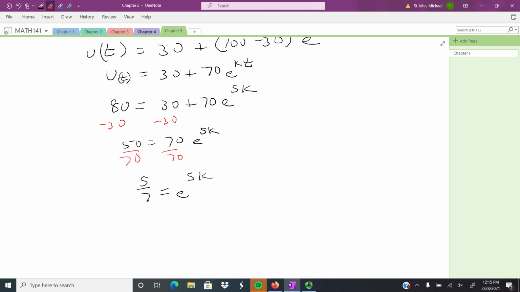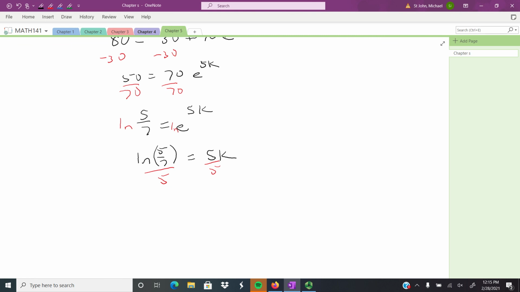Take the natural log of both sides. So the natural log of 5 over 7 equals 5k. And then we can divide. And if you plug that into the calculator, you get a k value of negative 0.0673.